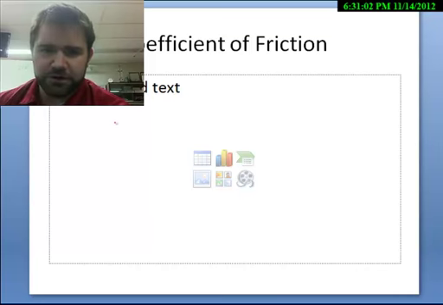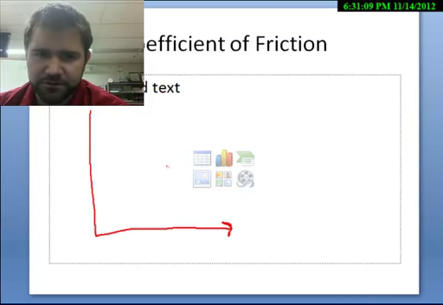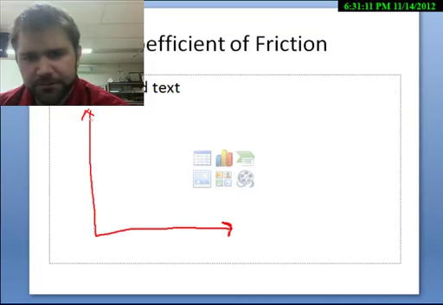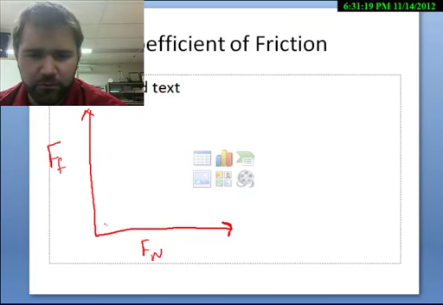Alright, the coefficient of friction. How do we find that? Well, there's no way to predict it. It has to be measured in the lab between any two surfaces. So basically what we do is we generate a graph where we put two surfaces together and we measure the frictional force for a whole bunch of different normal forces or weights.